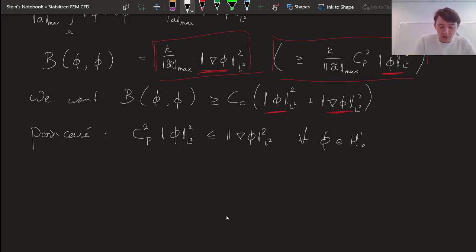So I'm going to apply Poincare not on all of kappa divided by the maximum magnitude of A times the gradient of phi. So not on the complete one here, but on q times kappa times that maximum magnitude of our advective vector.